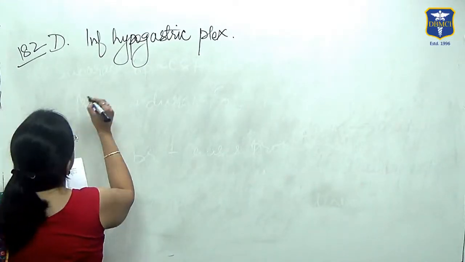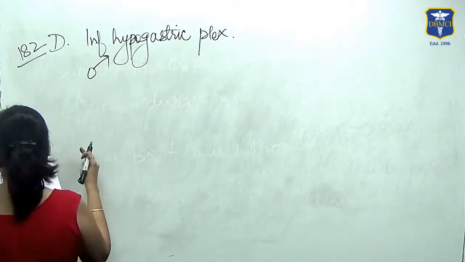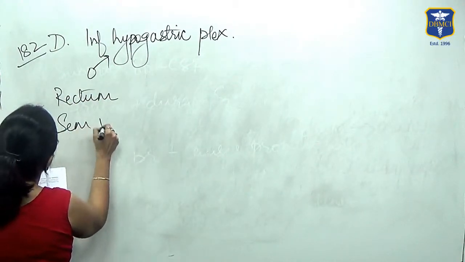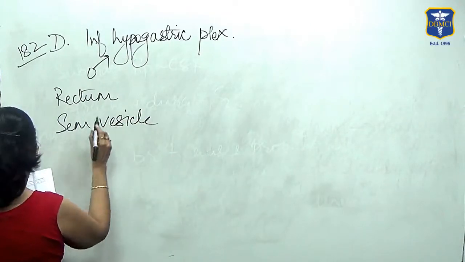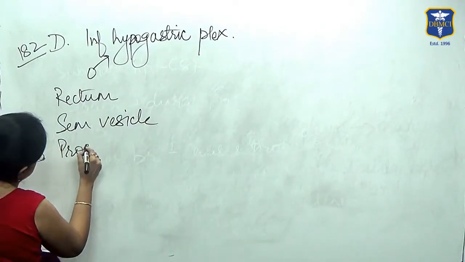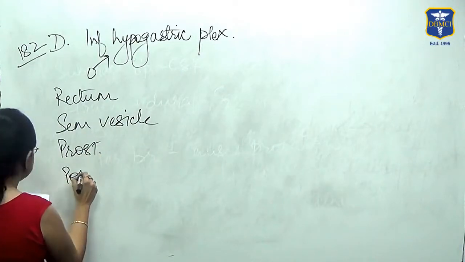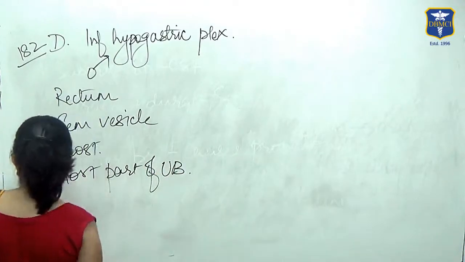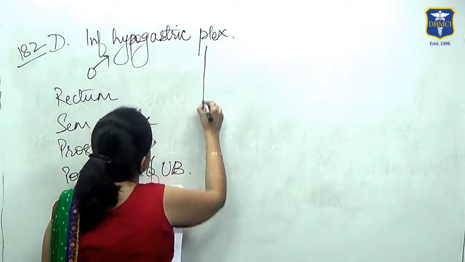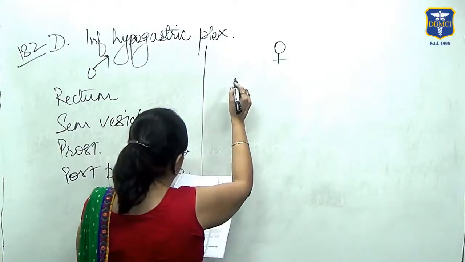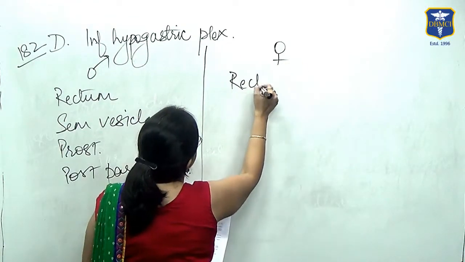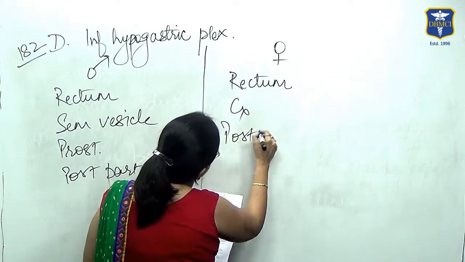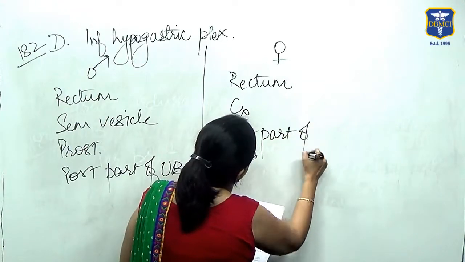In males, it lies on the side of the rectum, seminal vesicle, prostate, and posterior part of the urinary bladder. In females, it lies on the side of the rectum, cervix, and the posterior part of the urinary bladder.